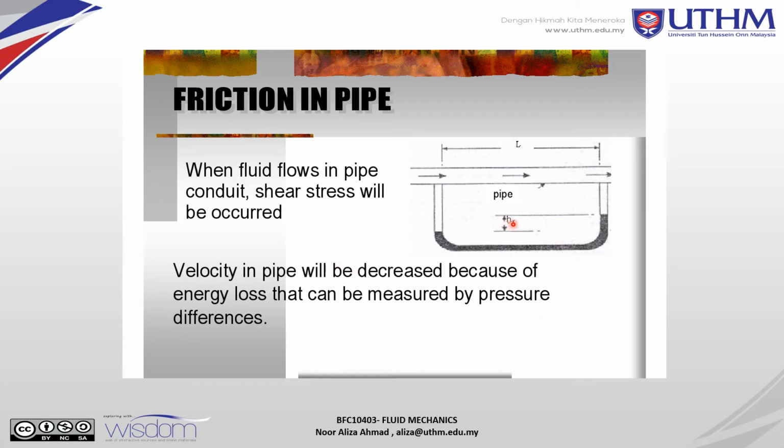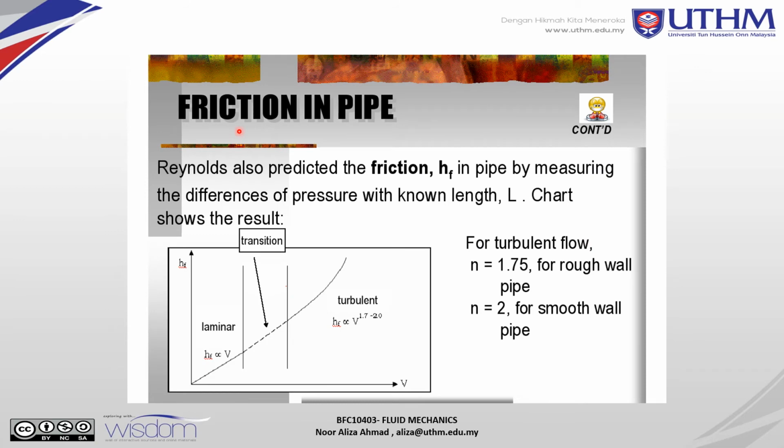HF is the head of friction. Friction in pipe, we use the symbol HF, by measuring the difference of pressure with known length L.